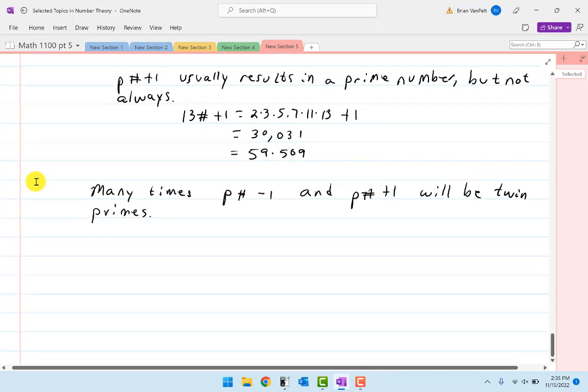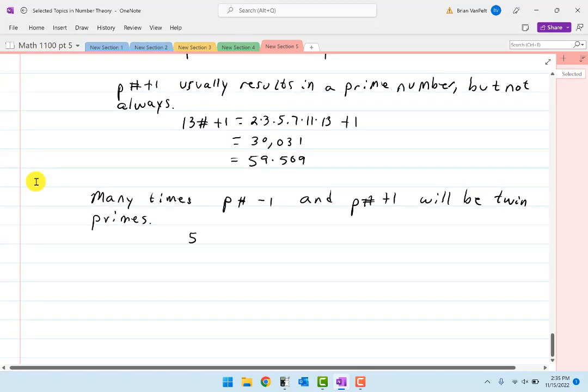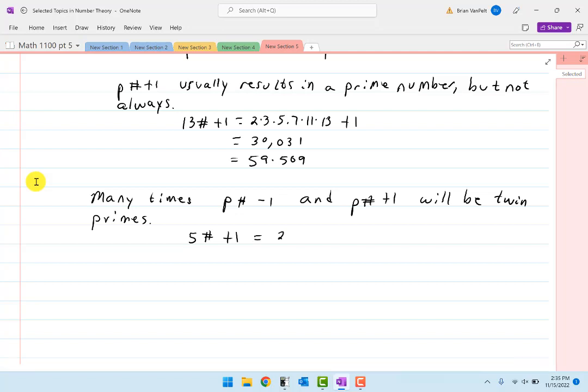For example, if I look at 5 pound plus 1, that equals 2 times 3 times 5 plus 1, which is 31. Now 5 pound minus 1 will equal 2 times 3 times 5 minus 1, and that will equal 29.